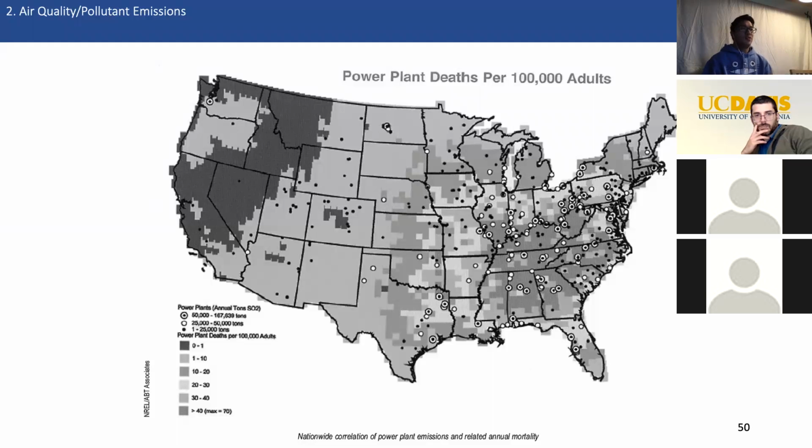We have statistical means of measuring deaths attributable to power plants via lower air quality, and so this shows a rough estimation of that. The air quality generally on the West Coast is a lot better because we have far fewer coal plants compared to the East Coast, and that's something that we'll show later as well.